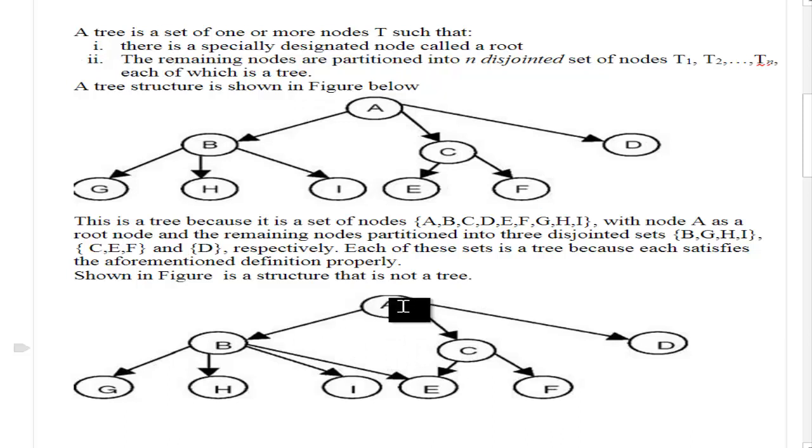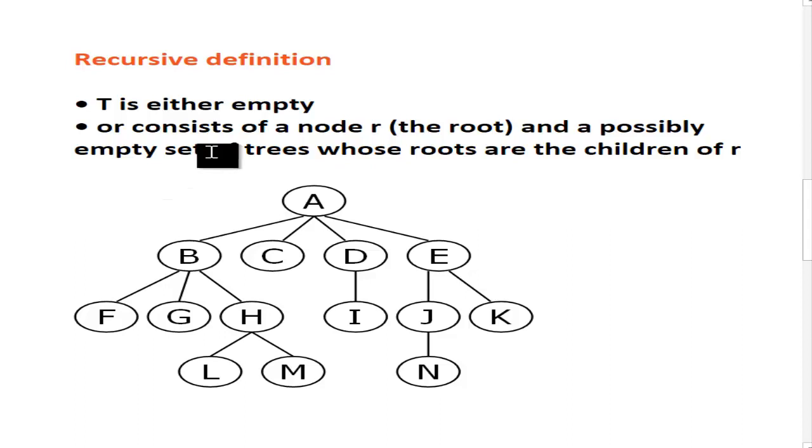Even though this itself is a set of all these nodes, it can't be partitioned into disjoint sets, so we can't say this is a tree. So its subsets need to be themselves trees and so on. So this definition is kind of recursive.